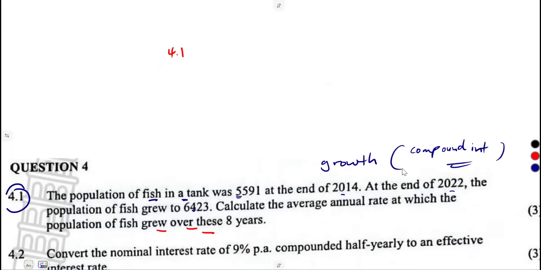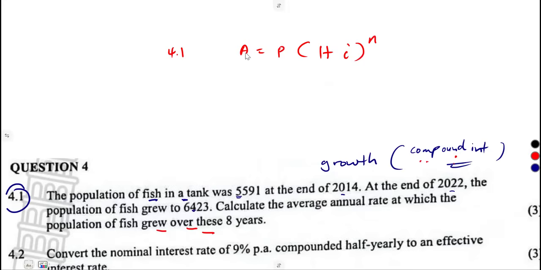You use the compound interest formula: A is equal to P times (1 plus i) to the exponent of n. Everything that we see here can be used under financial conditions as well; it is about growth, but we can use the formula for finance.